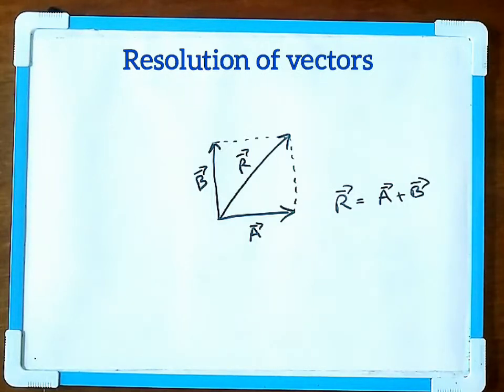Now in resolution of vectors, we can resolve one vector into two components, that is along the x-axis and along the y-axis, or in other words, we can split or break up a vector into two components. One is along the x-axis, another one is along the y-axis.